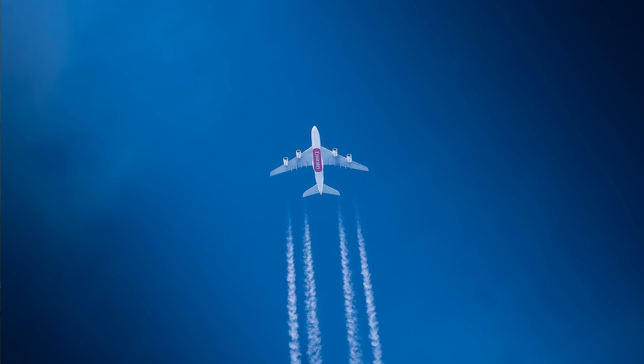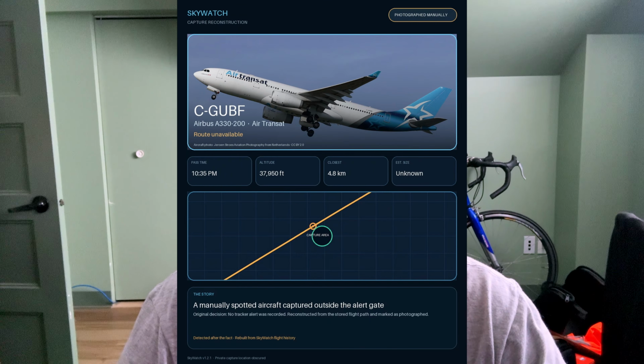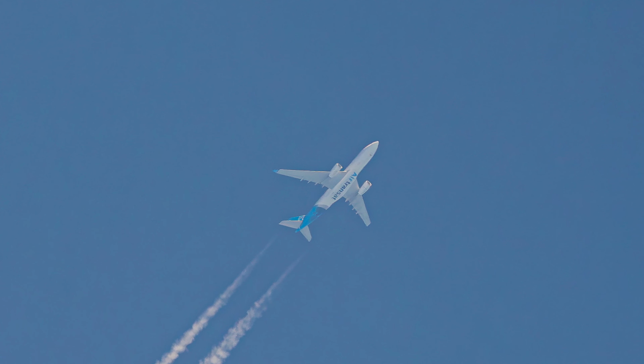It combines a few things I am interested in. Photography, aviation, weather, data, and probably an unnecessary amount of technology. But without that unnecessary technology, I would have missed most of these photographs.